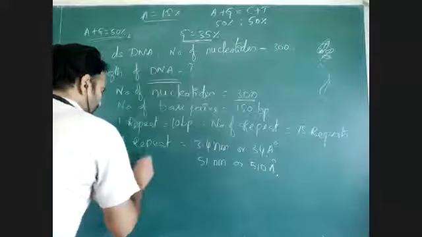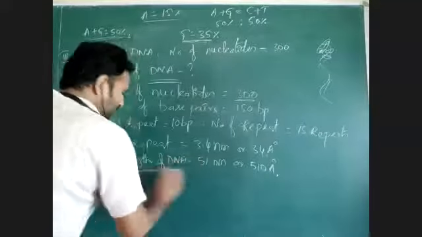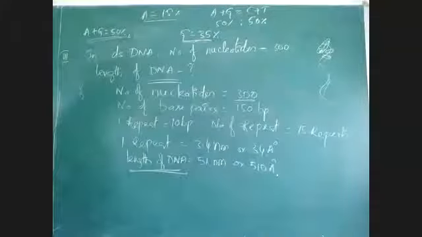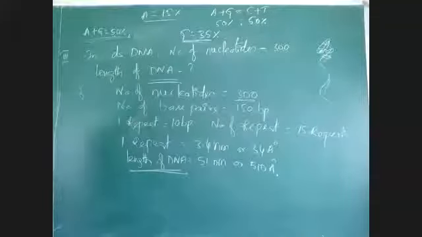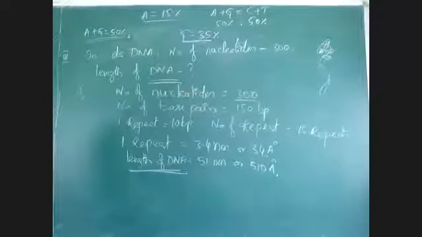So the length of DNA is equal to 51 nanometers or 510 Armstrong. Is it clear? Number of nucleotide is equal to, yes, number of base pairs into 2 is number of nucleotides.